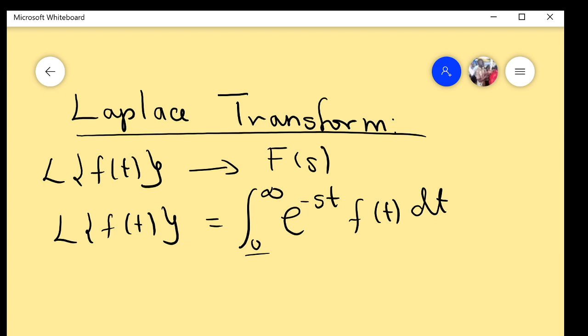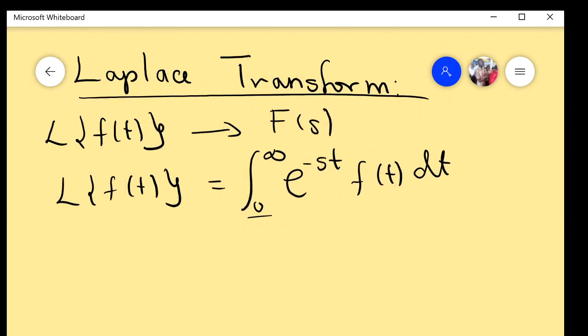So let's look at some properties. Let's say I have f of t equal to k, which means that I'm looking at the Laplace transform of k.